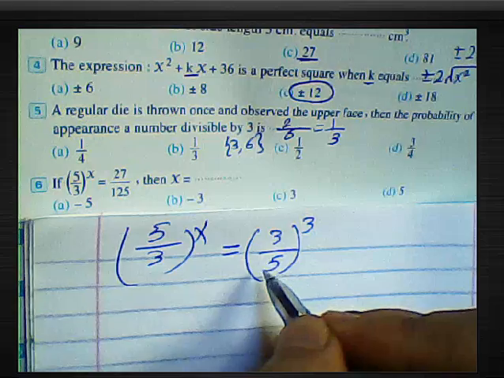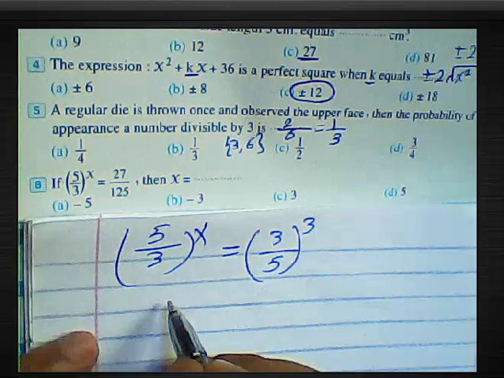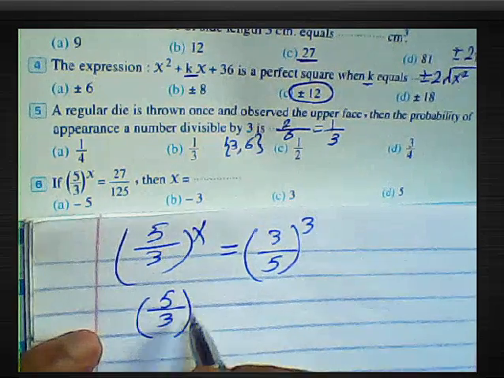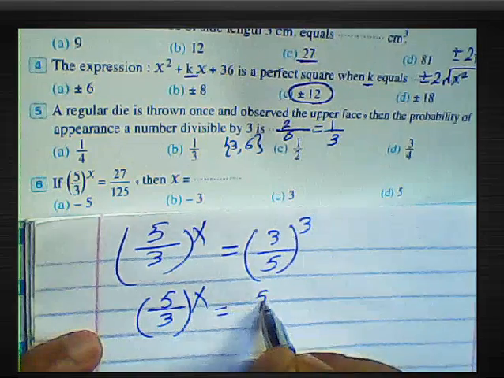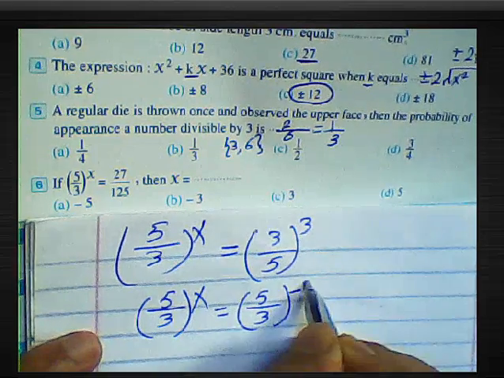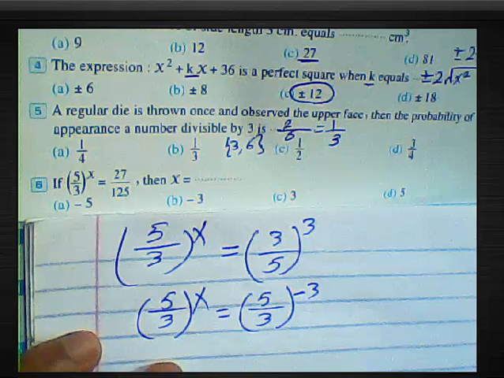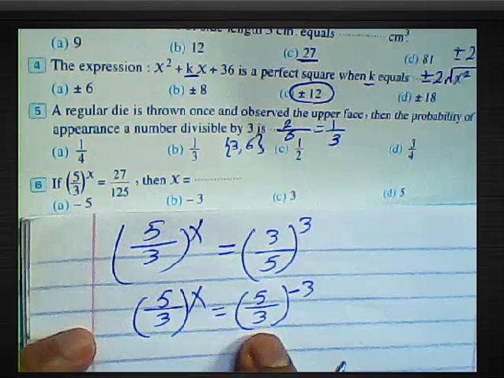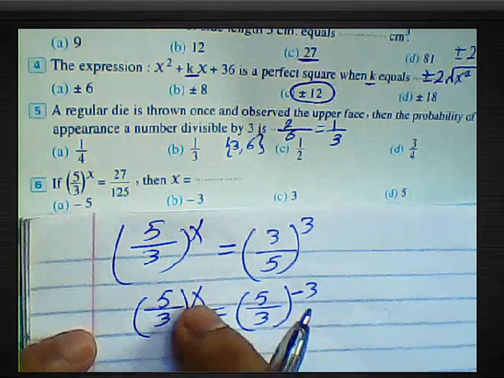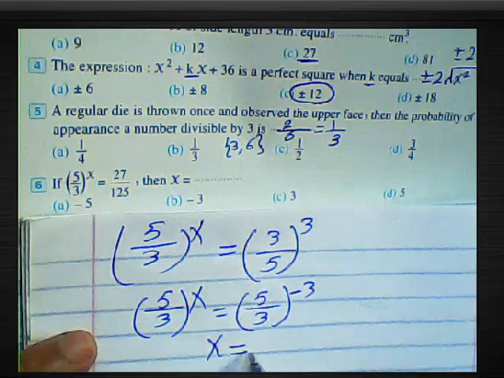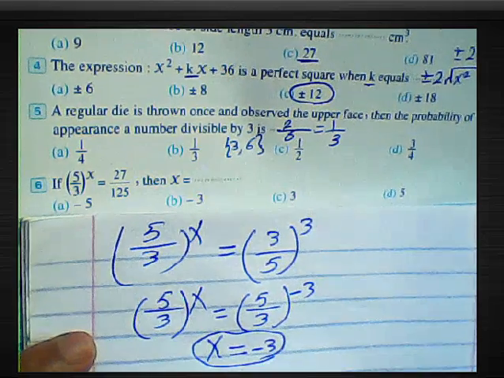We can replace the result here. Then 5 over 3 power x will be 5 over 3 power negative 3. We have the base 5 over 3 equal to 5 over 3, so the power will be equal to the power, then x equals negative 3.